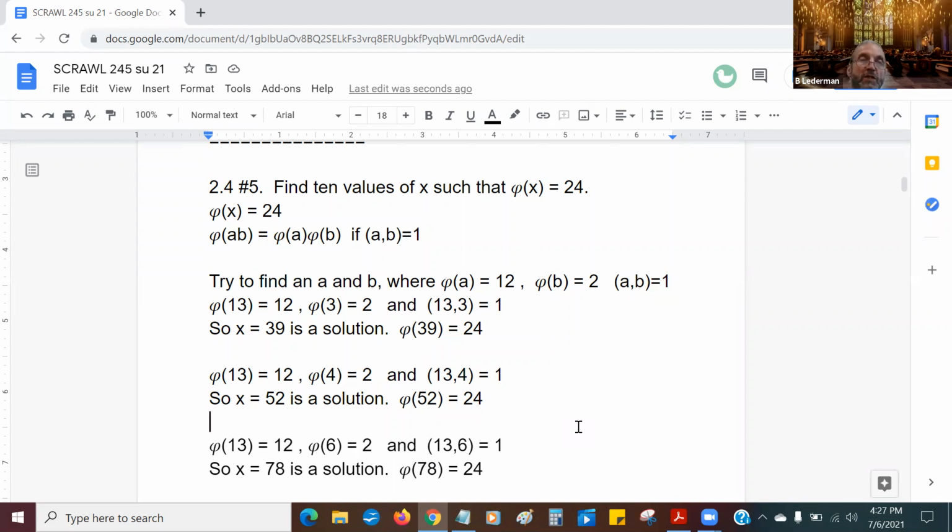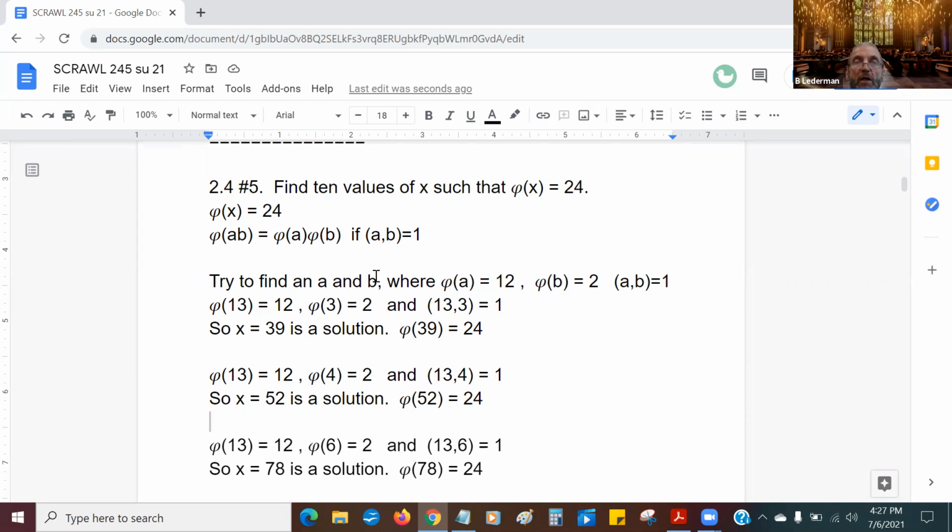So you could just try different combinations. You basically have to try different combinations of A and B, where it's not that A times B multiplies out to 24, but phi of A times phi of B has to equal 24. That's really what we're looking for.